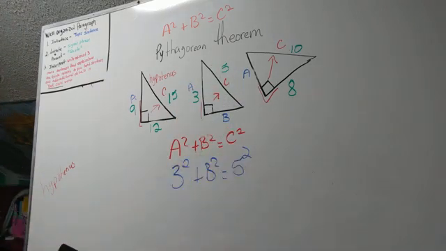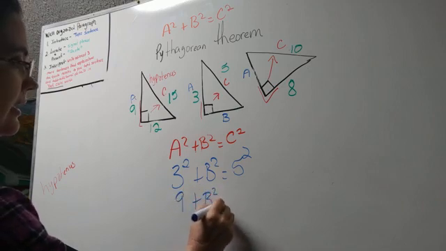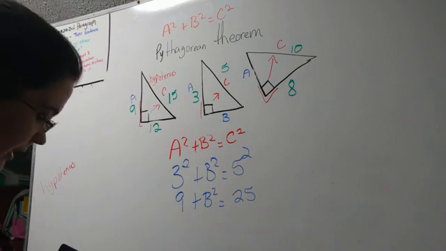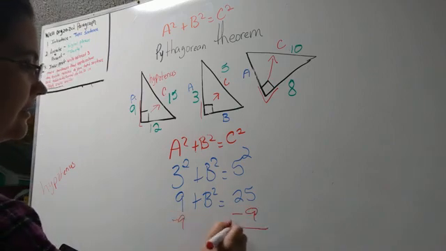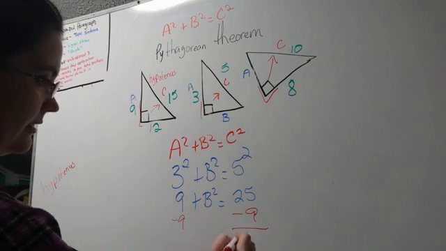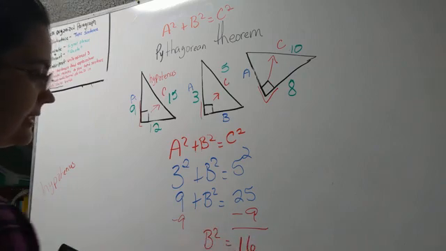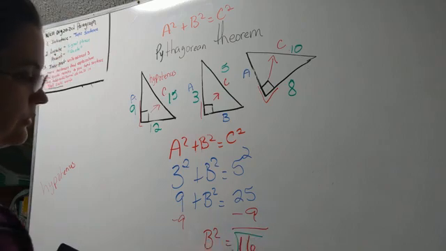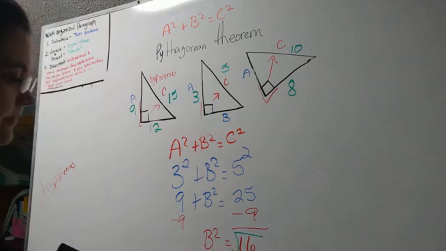So 3 squared is 9, plus b squared equals 25. Now, we're going to just work our plain one. We're going to take the 9 away from both sides. And that leaves me with 16. So b squared equals 16. And then the last thing, of course, that we do is take our square root of 16. And the square root of 16 is 4.